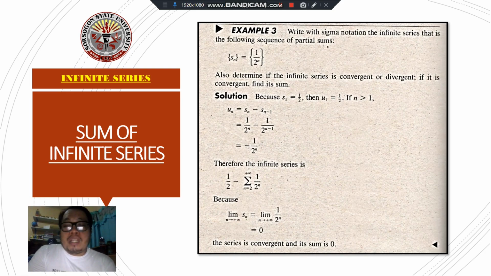So the limit exists, therefore the series is convergent, and its sum is equal to 0. That is based on the definition we encountered a while ago, that the limit of the sequence of partial sums is the sum of the infinite series.